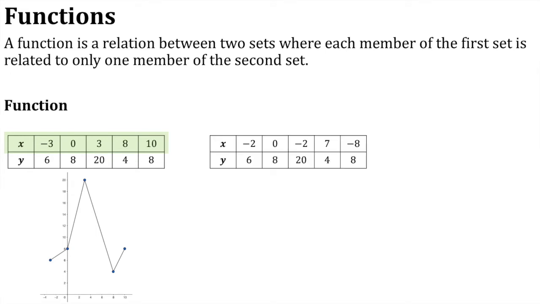Now if we look at a similar table, what you might notice this time is that we have 2 x values which are both -2, and they both correspond to different y values. So if we look at the graph, it looks something like that.